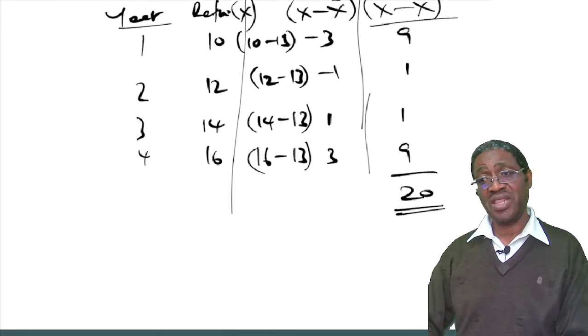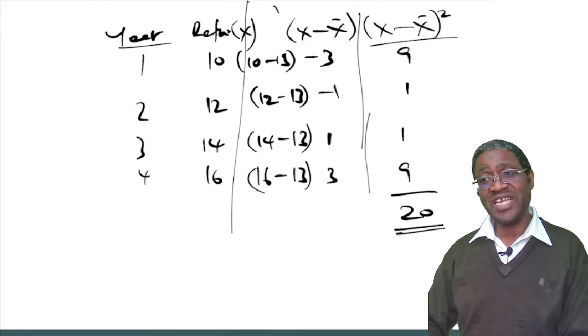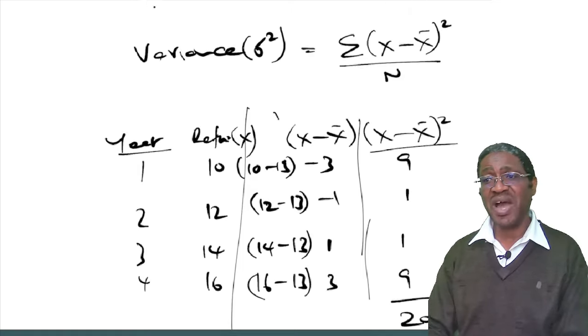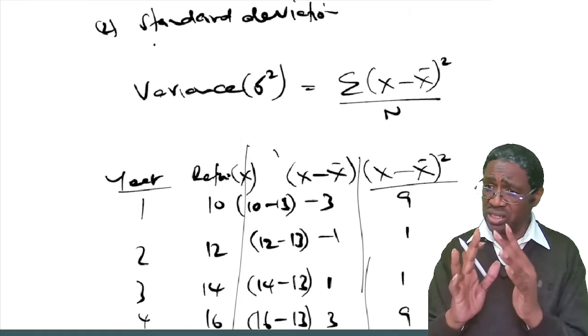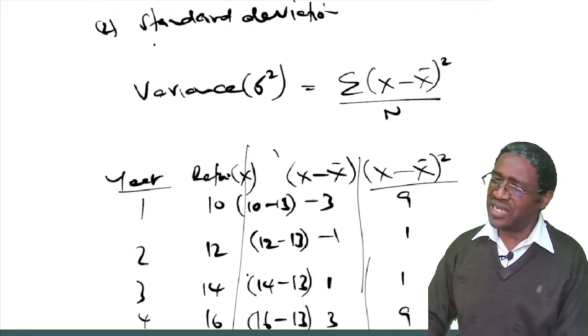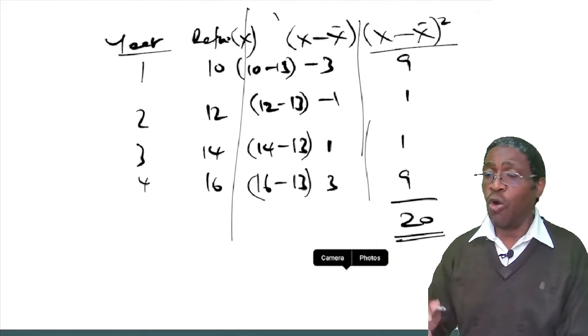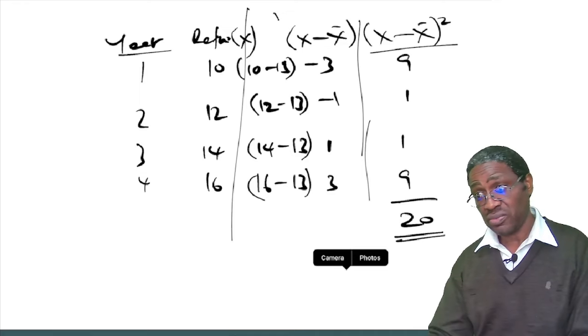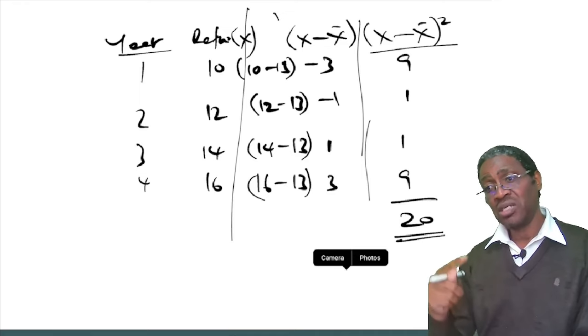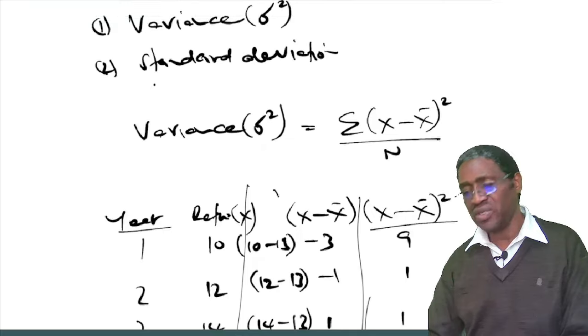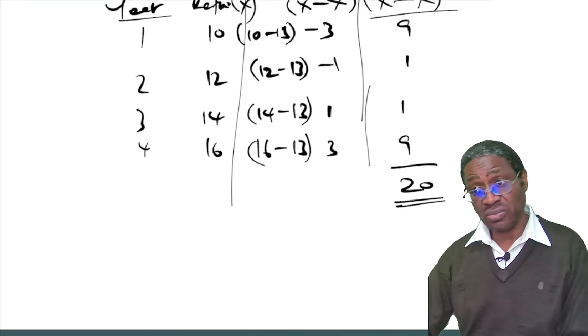Then I divide that 20 by what? By n. In other words, it's like I'm getting the mean of the squared deviations.